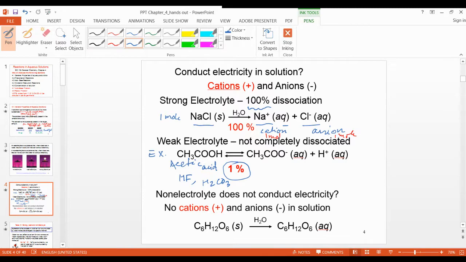They cannot dissociate into ions 100%. Only 1% of ions are formed and 99% change back to the normal acid.